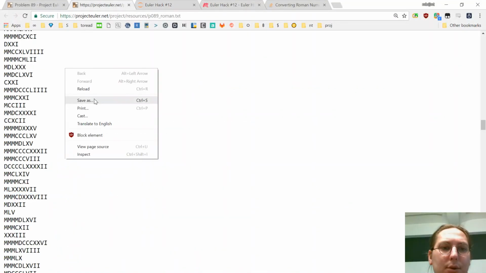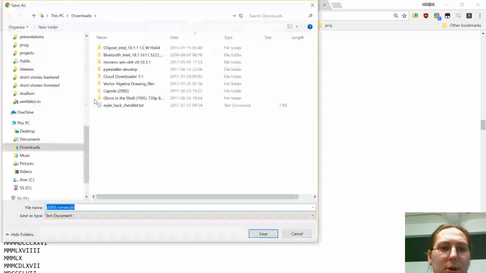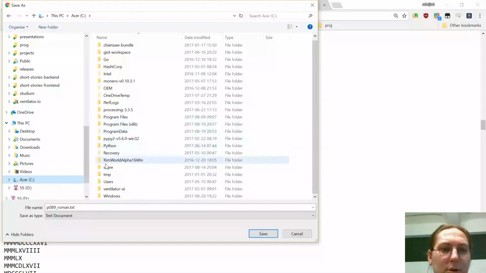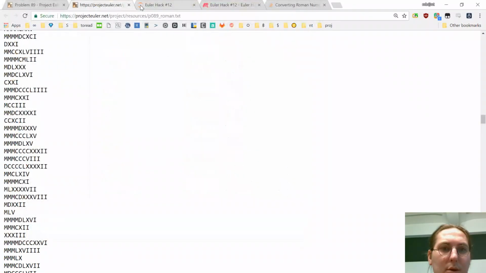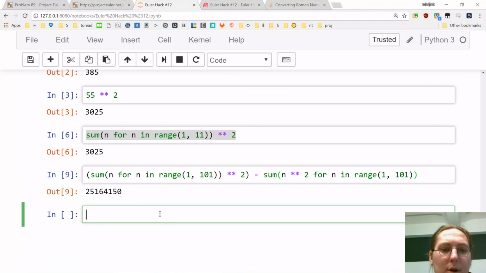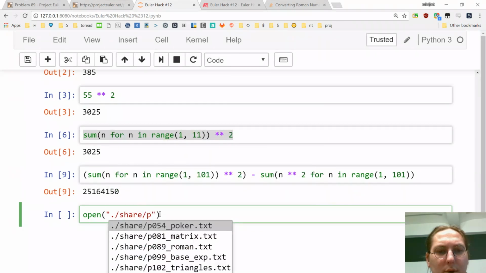So let's first of all save this where I can actually read it. What is it? I think it's in share. Yeah. B89. Did you have it?